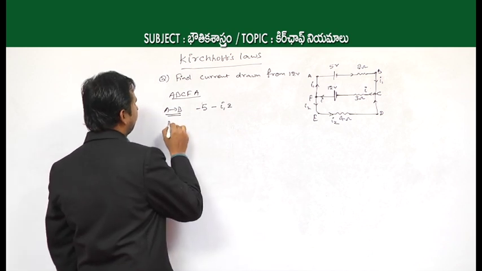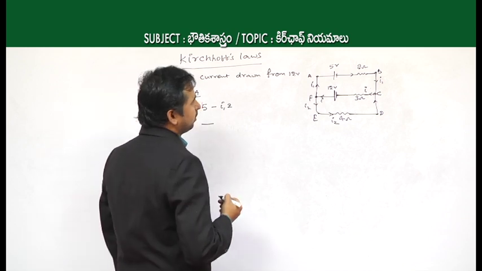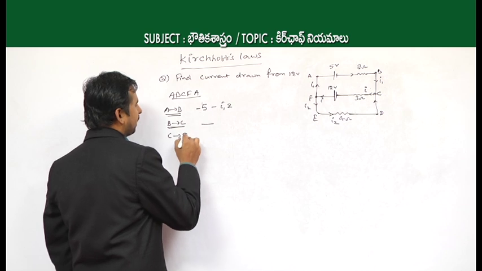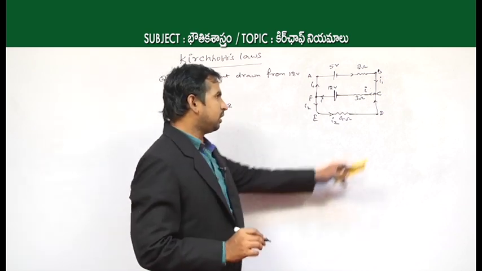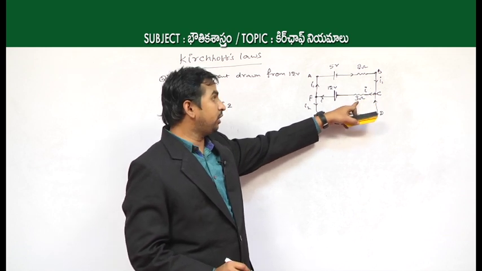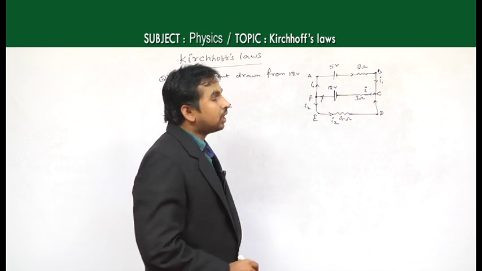Now, while going from B to C, we do not have any potential drops there. So that is why there is zero potential drop. While coming from C to F, here at C to F, the current passing through that circuit is I, and we are coming across a resistance of 3 ohms, in the direction of current.